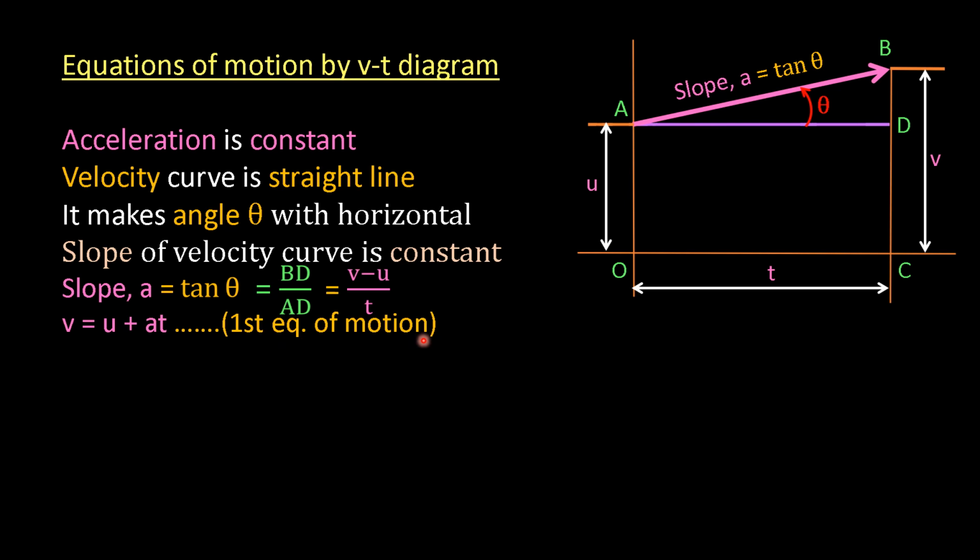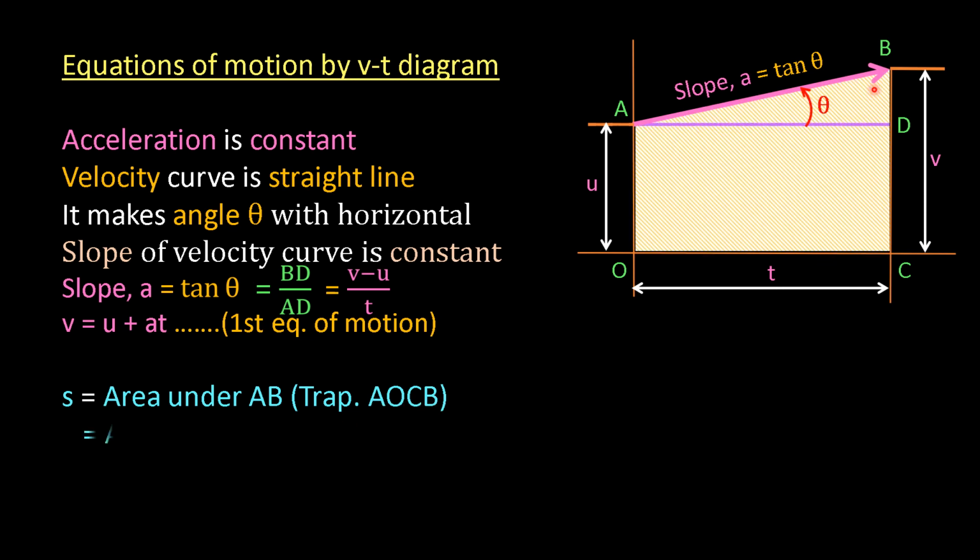Now we have seen that area under the velocity curve represents displacement of the body S. So we write S equals area under the velocity curve AB, which will be trapezium AOCB, and this is the area under the velocity curve AOCB.